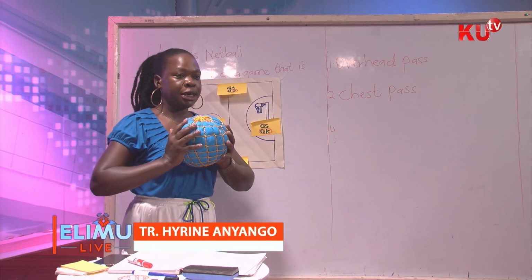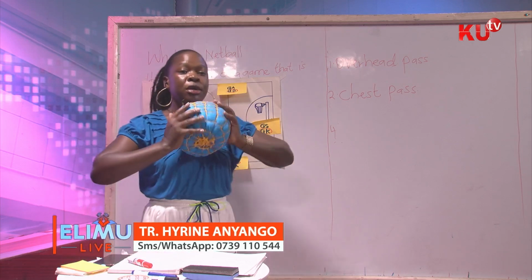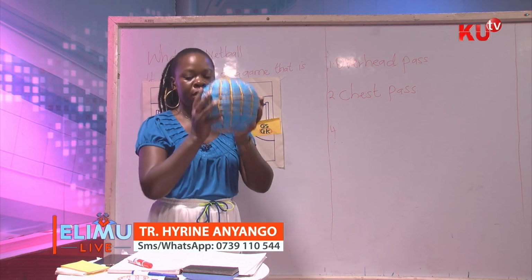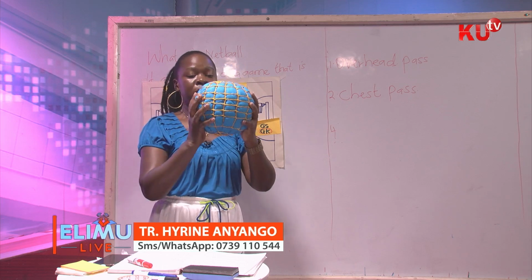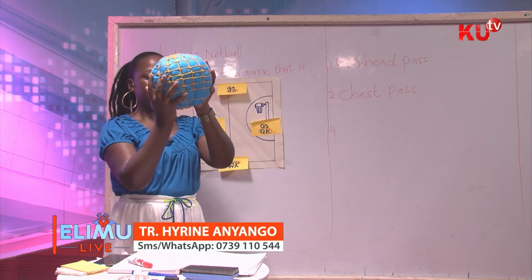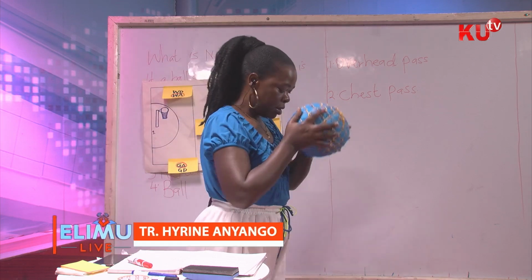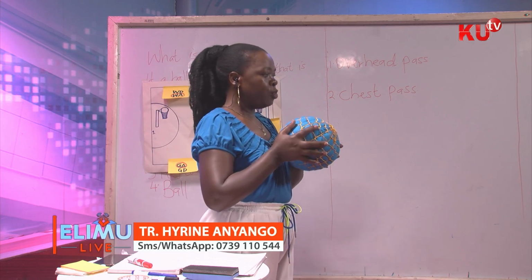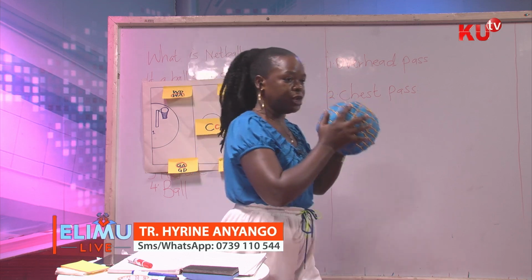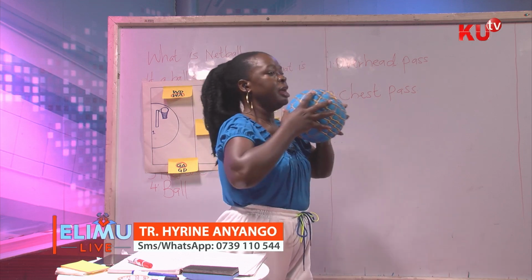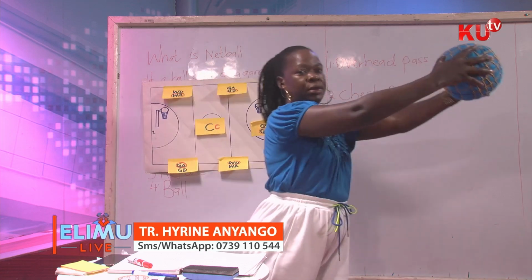For us to do a chest pass, you will hold your ball this way. Make sure your hands are all over the ball in a W shape, then you put it on your chest, and then you put your feet in front, one foot in front and one behind, and then you bend a bit and then pass the ball.